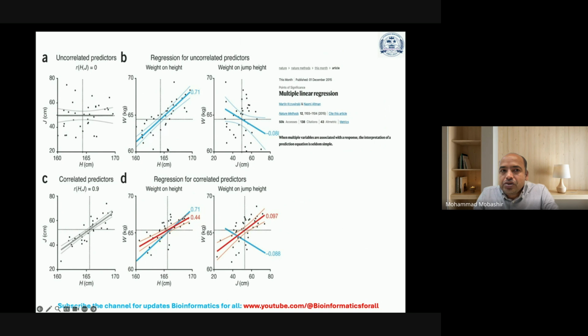Be aware of terms like weight on height, weight on jump height, then regression, linear regression and the linear equations. If you understand these, it is quite easy to implement and make predictions using the equations in any sample you analyze.